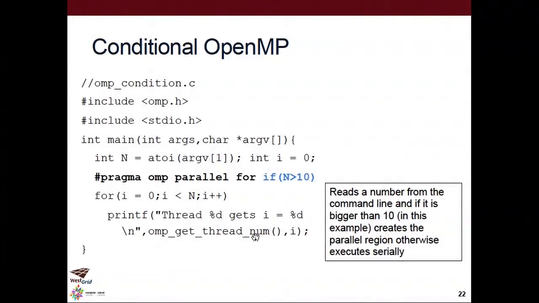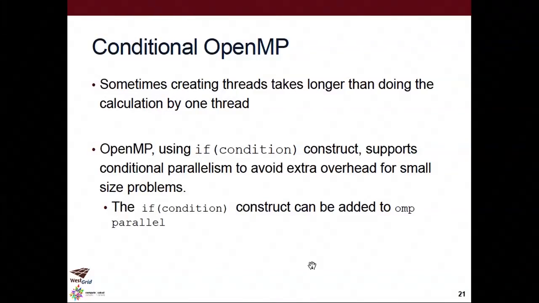Another thing that we can do in OpenMP is called conditional. Conditional OpenMP means that sometimes you don't want the overhead of creating threads if the number of iterations, or the number of things that you are working on, is small.